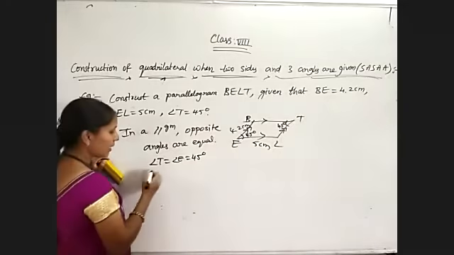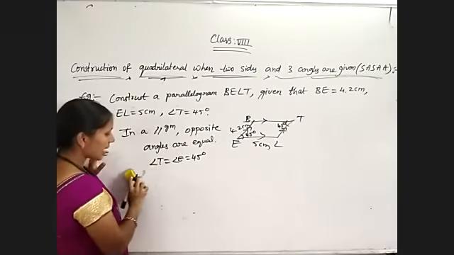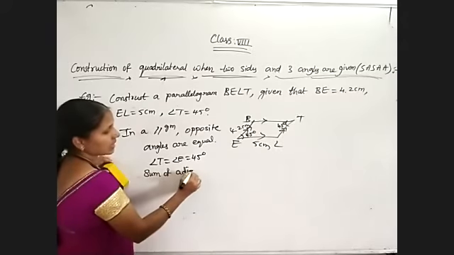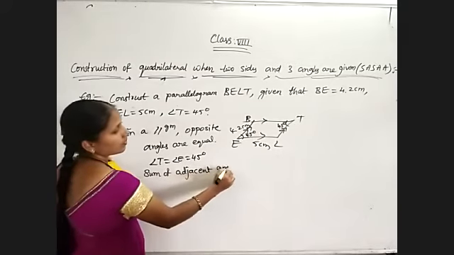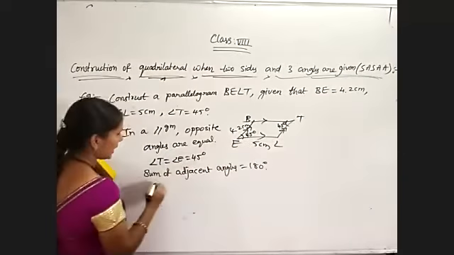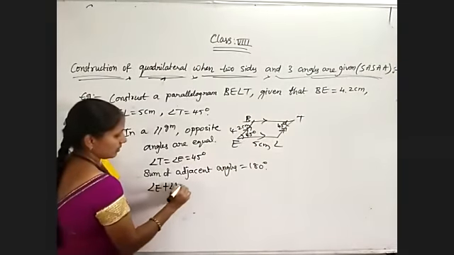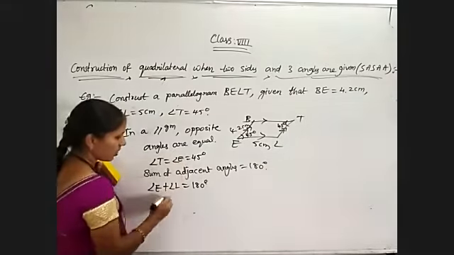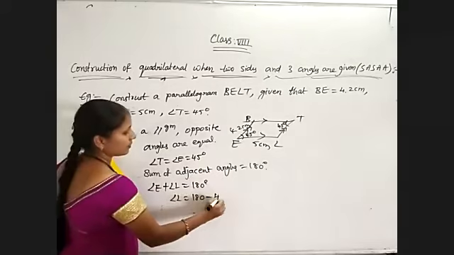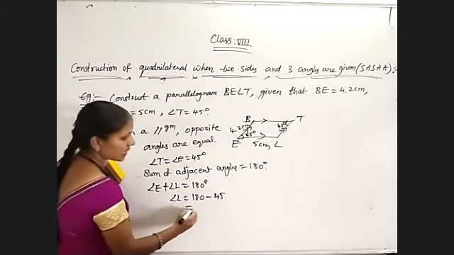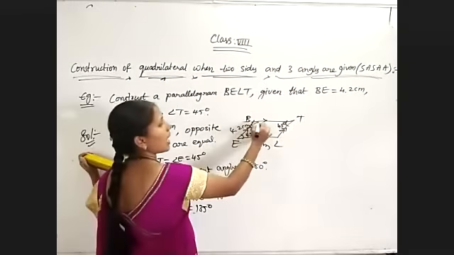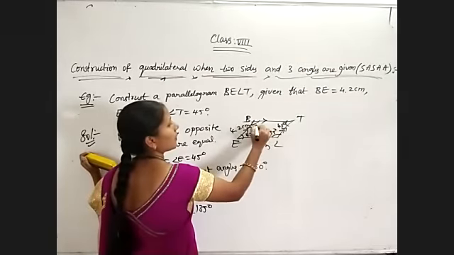Another condition is that the sum of the adjacent angles is equal to 180 degrees. That means angle E plus angle L is equal to 180 degrees. So angle L is equal to 180 minus 45. How much will I get? That is 135 degrees. Angle L and angle B are obtuse angles. Both are equal to 135 degrees.